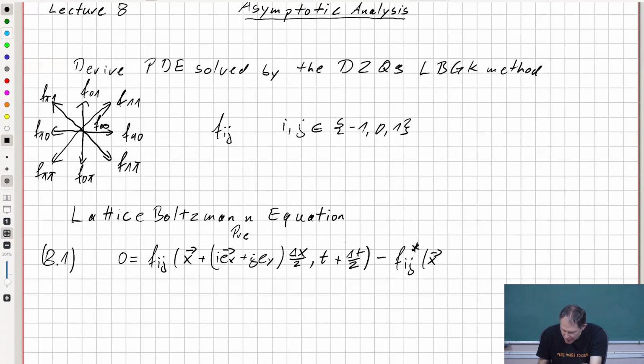This is x now minus i e_x plus j e_y, delta x 1/2, and t minus delta t 1/2.